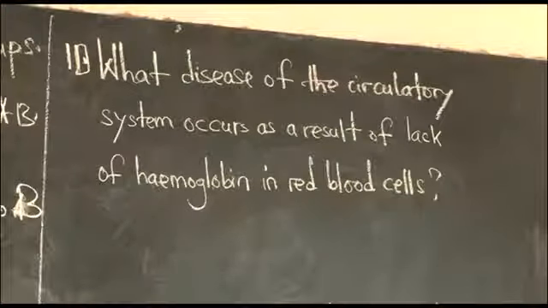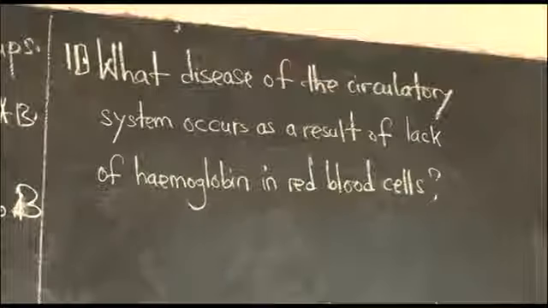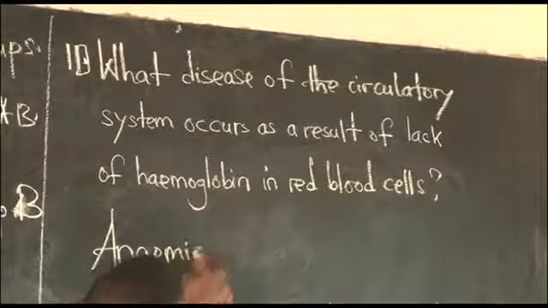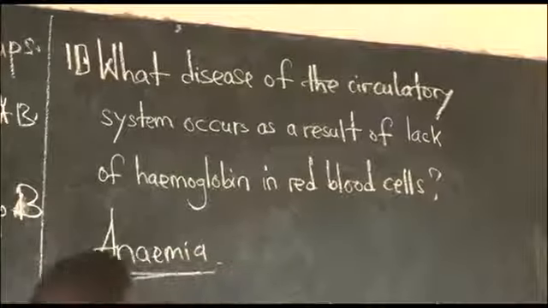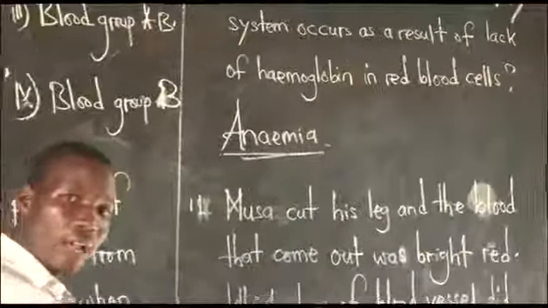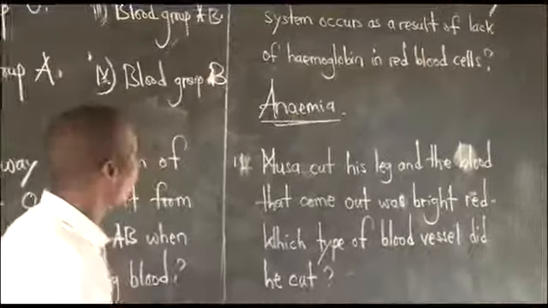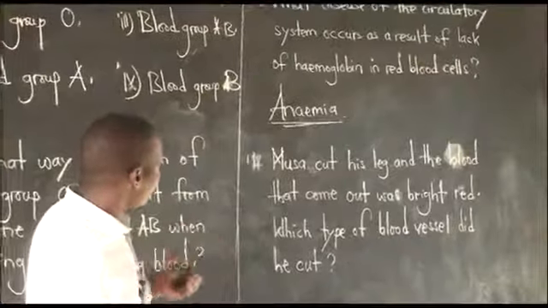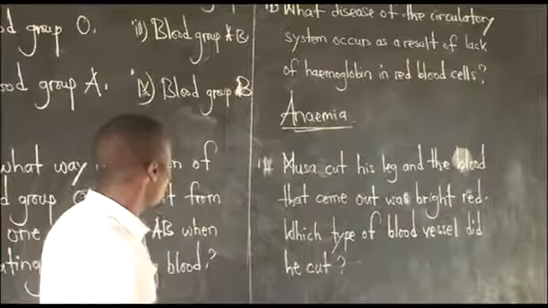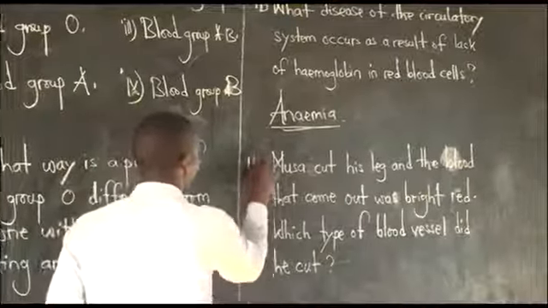Somebody who lacks hemoglobin in the blood will easily have a disease called anemia. And remember, anemia is majorly caused when there's lack of enough iron or enough blood in the body. Then we can move to the next number, which is our last number, number 11.